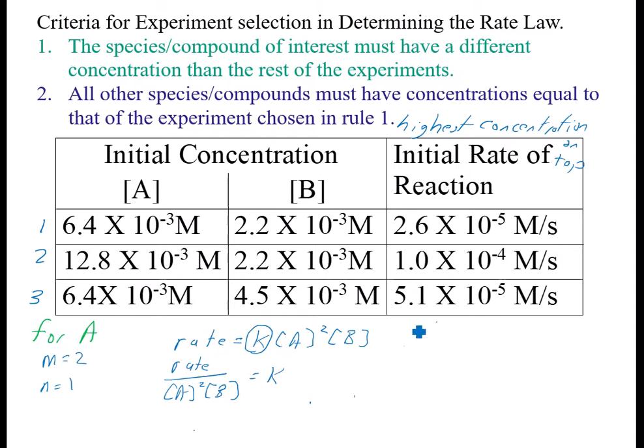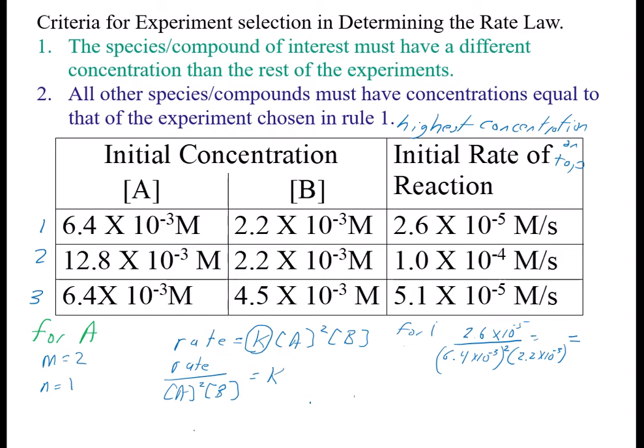For experiment 1, it's going to be 2.6 times 10 to the minus fifth divided by 6.4 times 10 to the minus 3 squared times 2.2 times 10 to the minus 3.